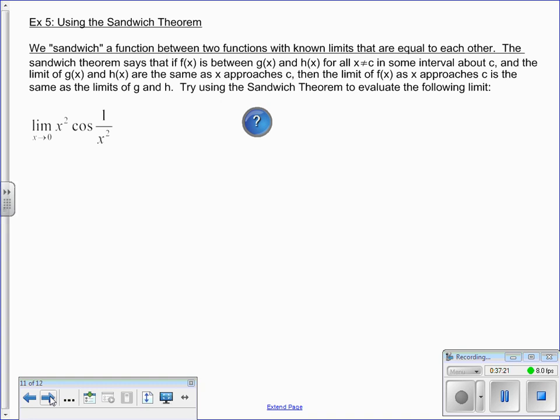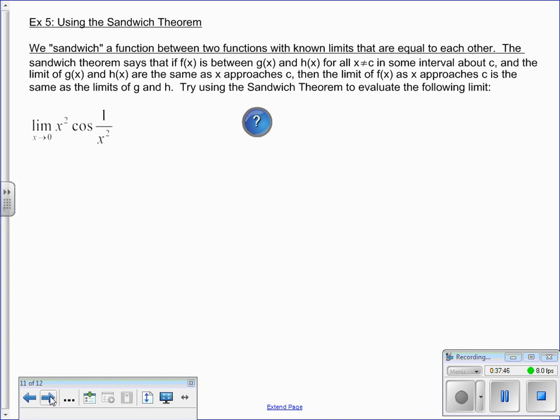You're only going to see the sandwich theorem, I dare say, one more time, in your homework. But I really like it. It's a cool concept to talk about. It will not be on my chapter test, and I don't think it's part of what AP wants you to be tested on. But it's an important concept. I like to talk about it.